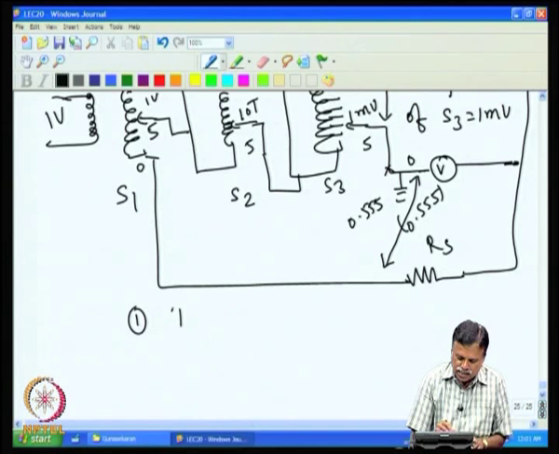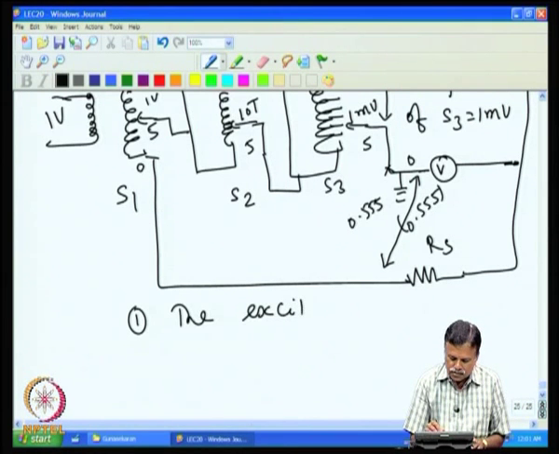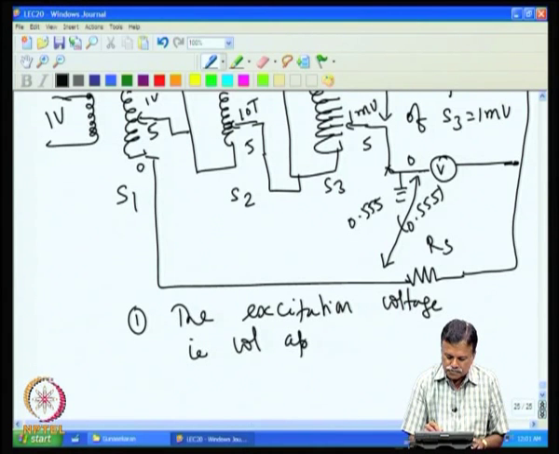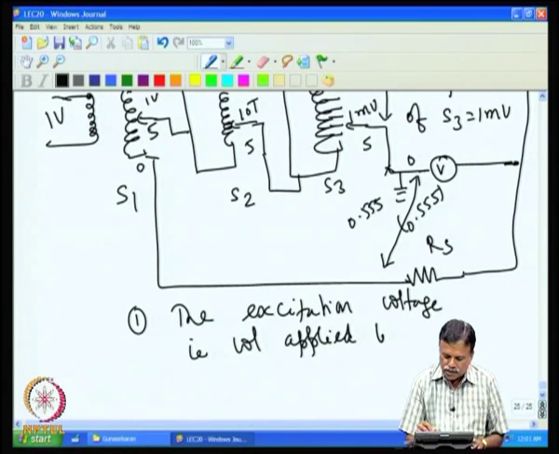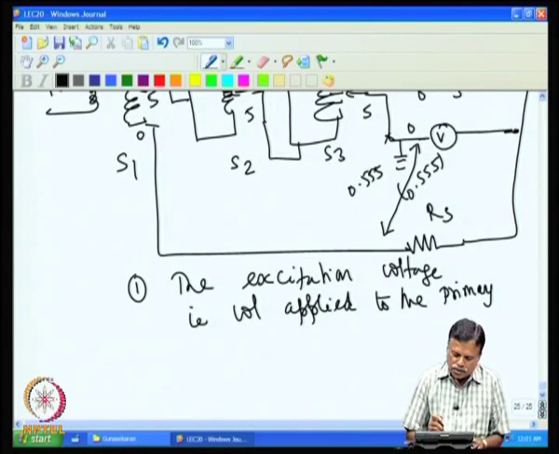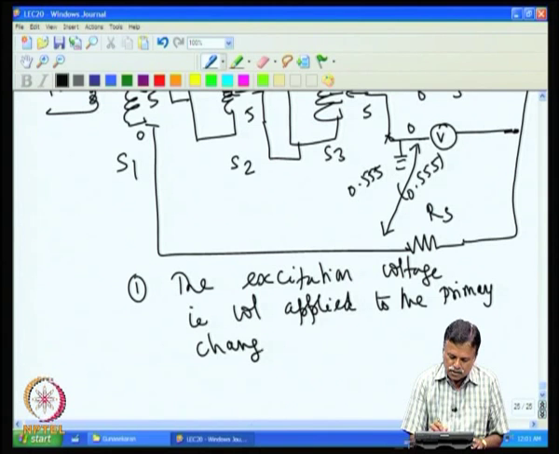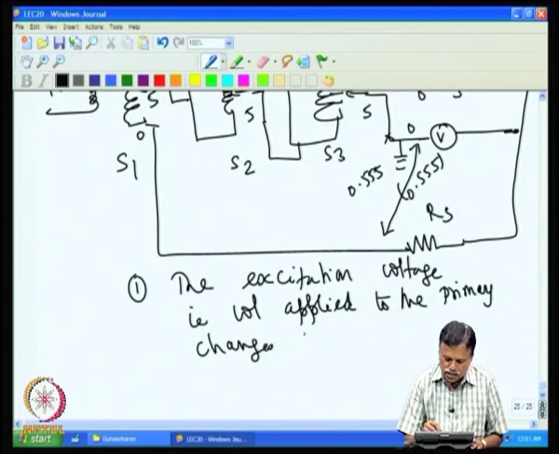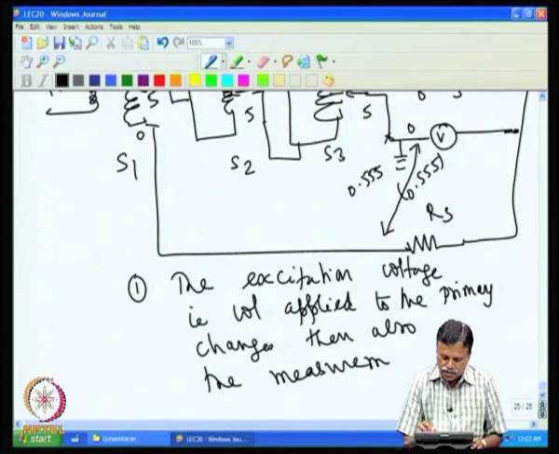So, if the excitation voltage, that is the voltage applied to the primary, changes, the measurement is still accurate.